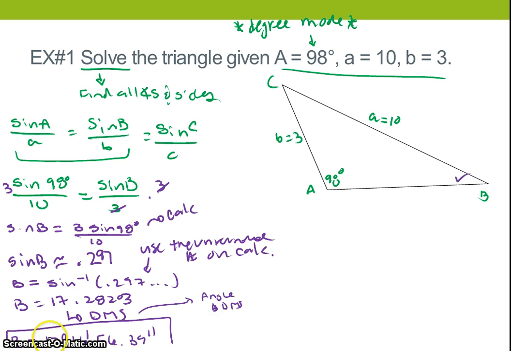Okay, so that found us angle B. So we know that angle B is 17 degrees. We know angle A is 98 degrees. So we can find angle C because we know that the sum of all the angles is 180 degrees. So C is 180 degrees minus A minus B. B is in your calculator right now, so the shortest thing to do to find angle C is to just type in 180 minus 98 minus answer, and we're going to convert it to DMS.